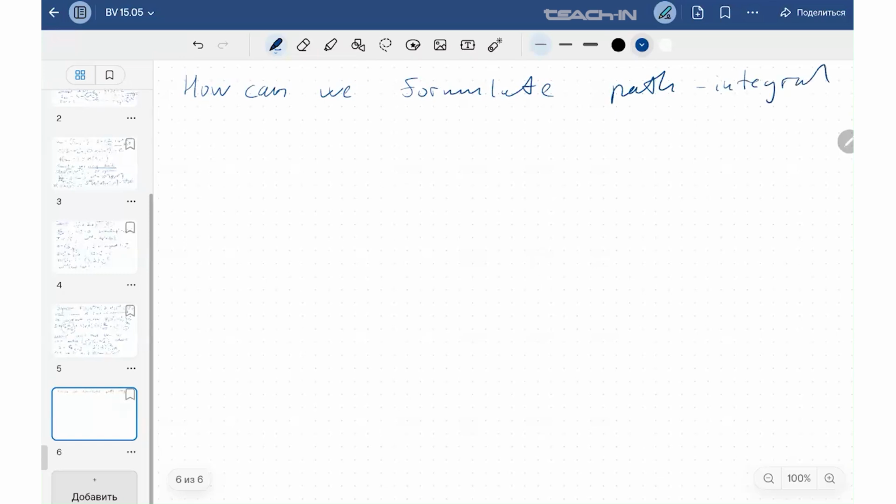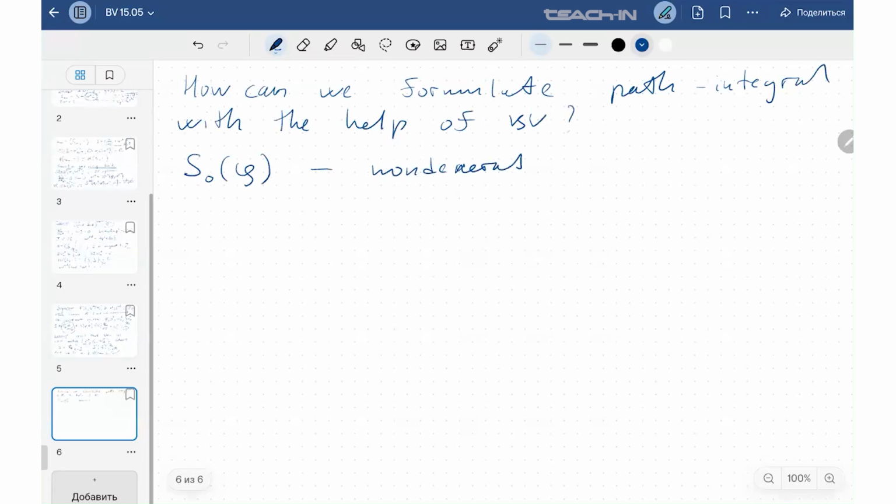Path integral with the help of BV. For instance, suppose that our S0 classical action is non-degenerate, so no gauge symmetries. Then, of course, we can do the usual path integral.